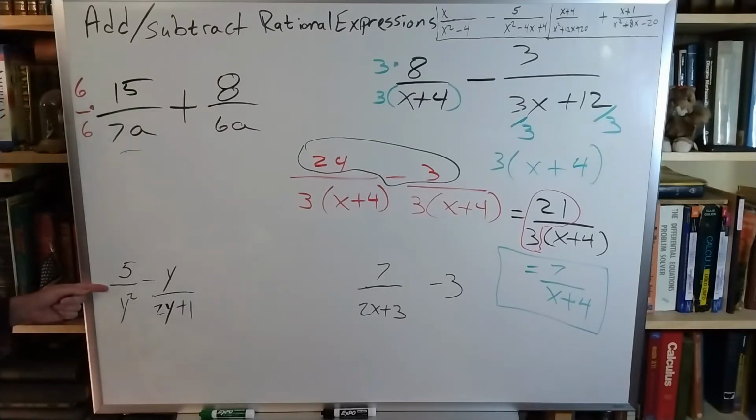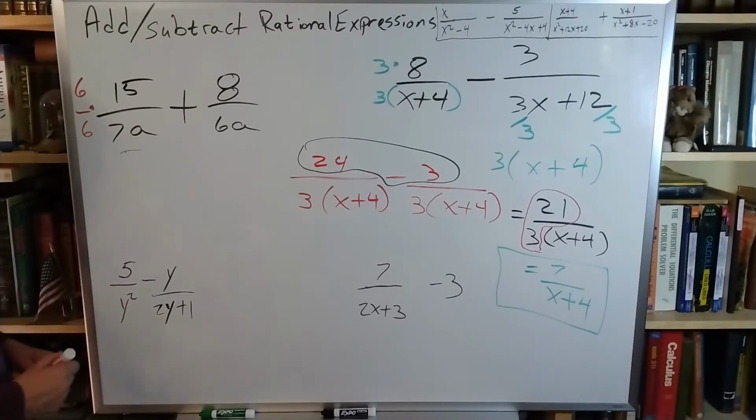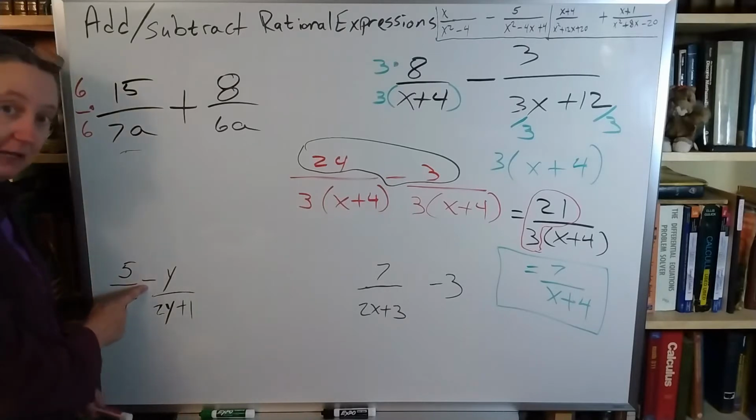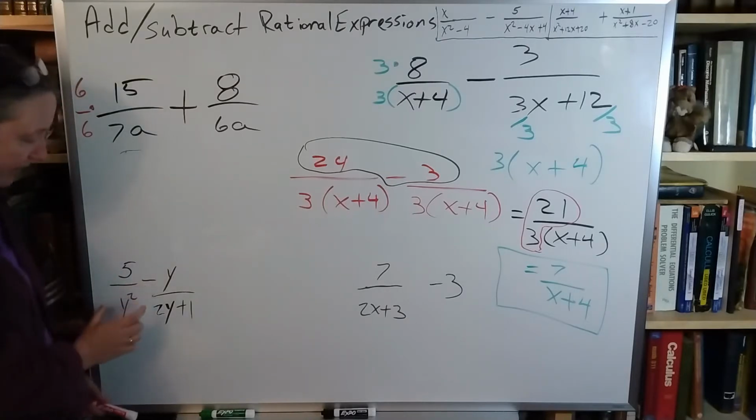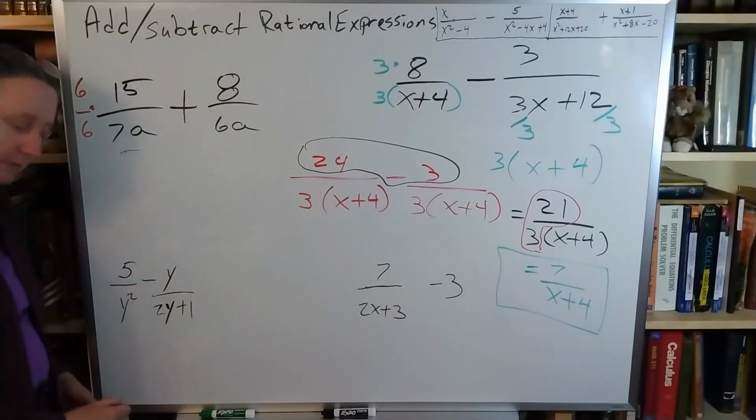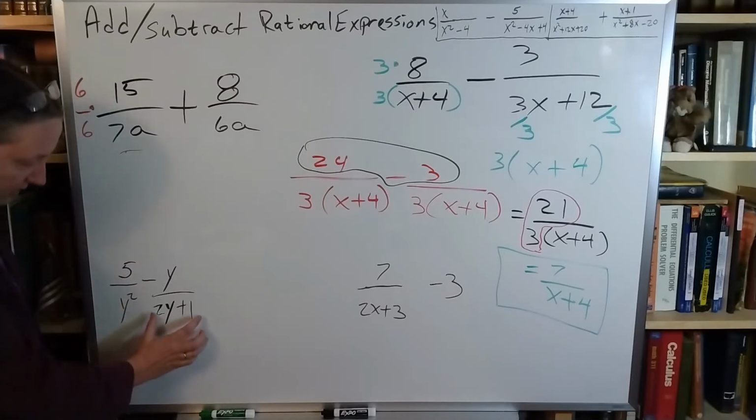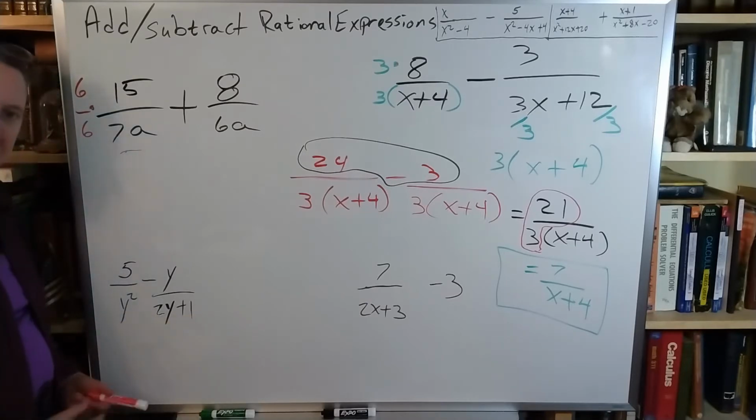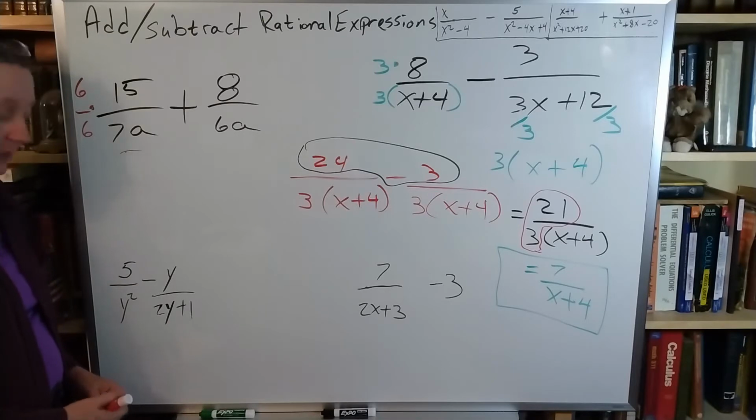Going over here to my third one: 5 over y squared minus y over 2y plus 1. I see I have subtraction, so I have to have my common denominator. I look at my y squared, I look at my 2y plus 1. There's nothing in common between them.